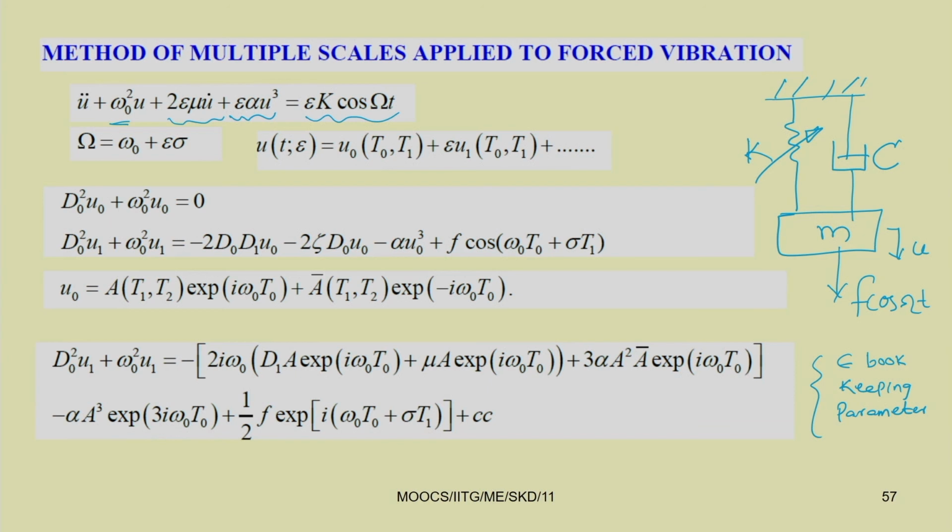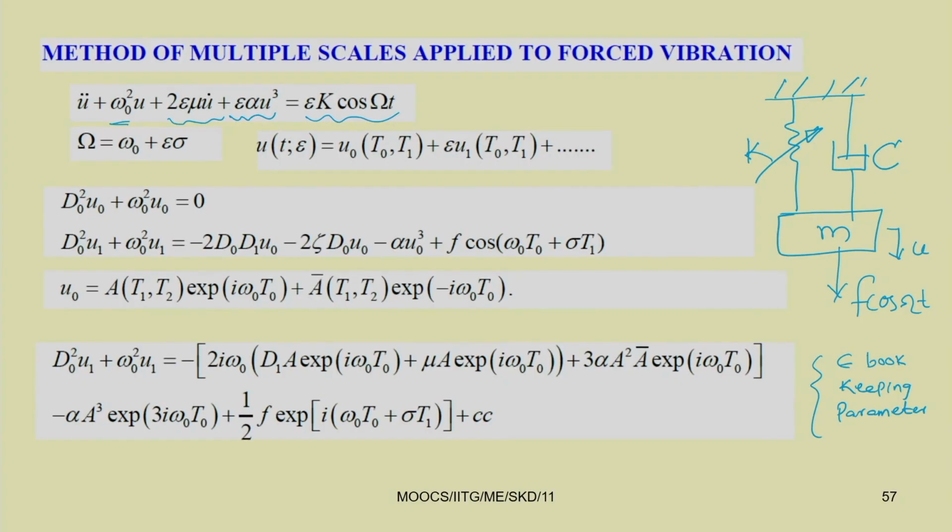So, u double dot is the acceleration term. Actually m u double dot is the inertia force, and then m is divided everywhere. So, k by m gives rise to omega 0 square, and c by m gives rise to 2 epsilon mu u dot; generally it is also written as 2 epsilon zeta u dot, either you can write mu or zeta.